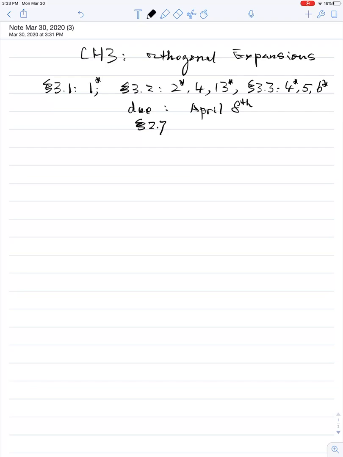And okay, so the first section is Fourier's method. Joseph Fourier is a very interesting person.